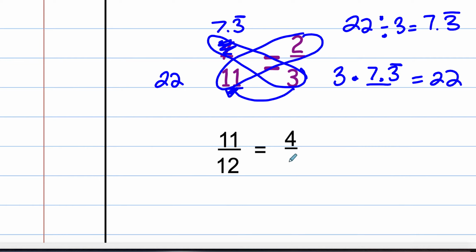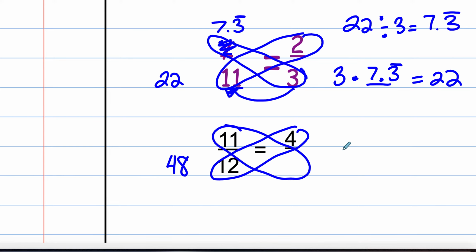Okay, let's try this next one. They don't go in nice because 11 divided by anything doesn't give me 4. This cannot be simplified, so then I cross multiply. 12 times 4 is 48. So it's 11 times something. 11 times something has to give me that 48.